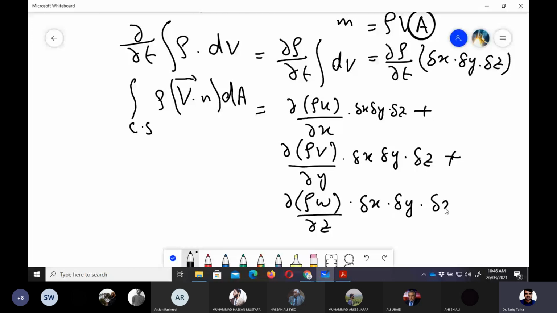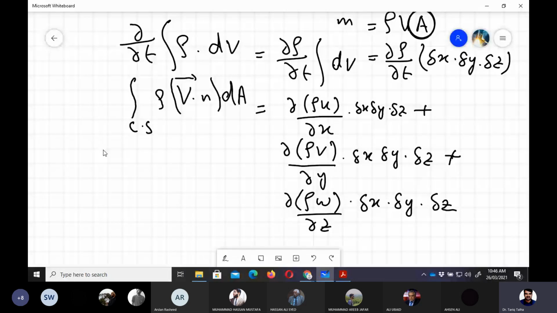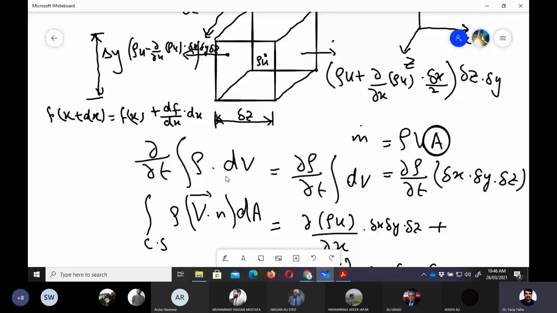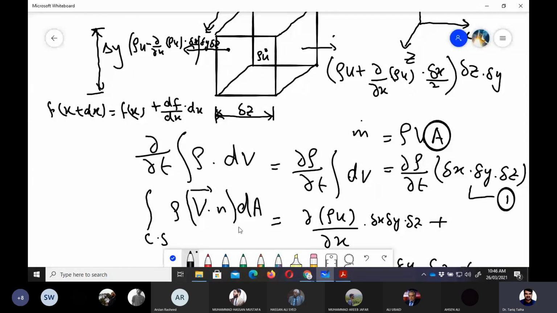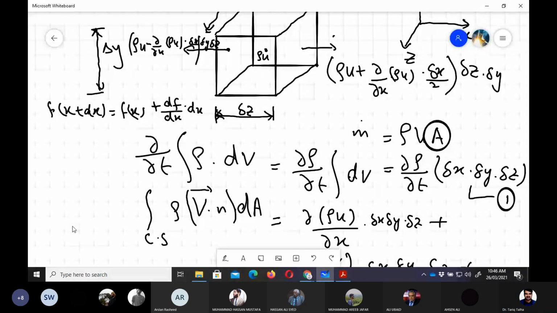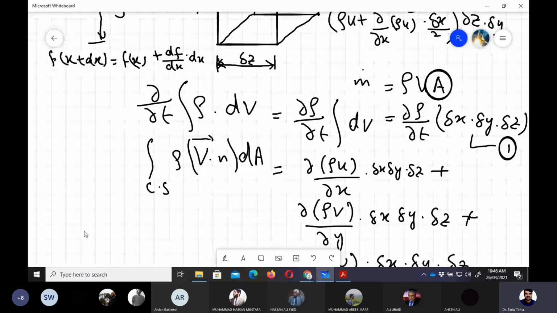So now if we put it in the Reynolds transport theorem, the Reynolds transport theorem was this term, which let me call equation 1, and equation 2.